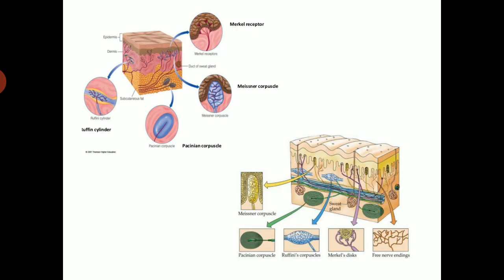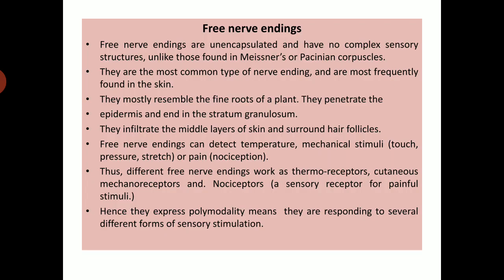Okay, and the last module of this particular topic is about the free nerve endings. These free nerve endings are unencapsulated and have no complex sensory structures, unlike those found in the Merkel cells or Pacinian corpuscles.